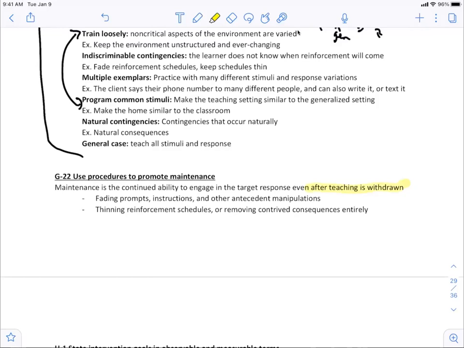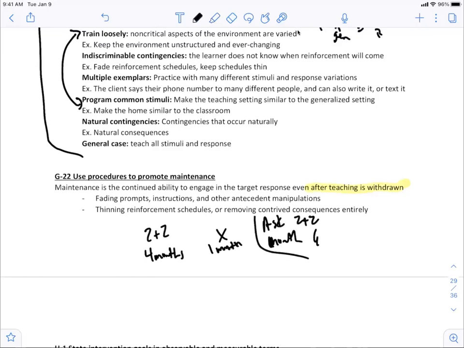So I teach 2 + 2 for 4 months. Stop teaching for a month. And then in month 6, I ask 2 + 2.